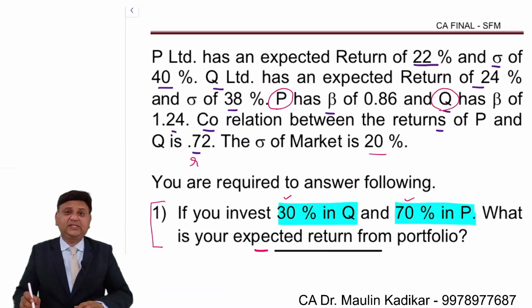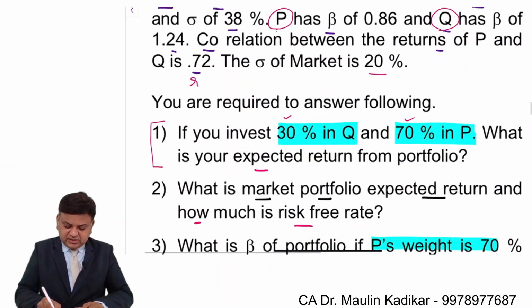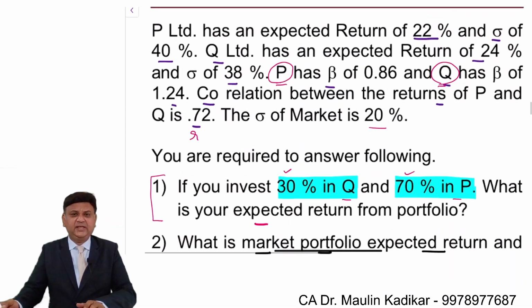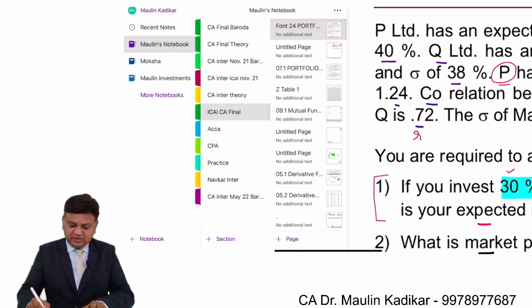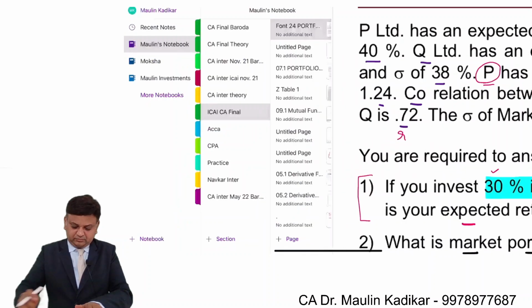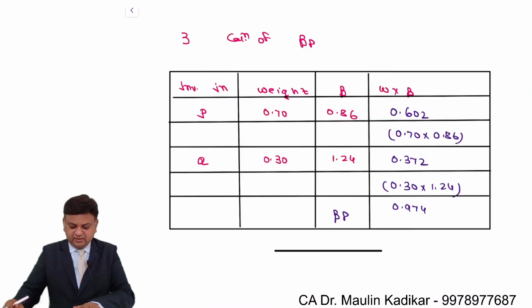But no, there is a change in the sequence. Instead of PQ, they have provided QP. Technically, there is nothing great to understand, but still, this is a point for which you may commit a mistake. So be careful for that.